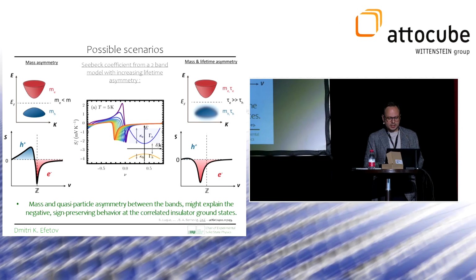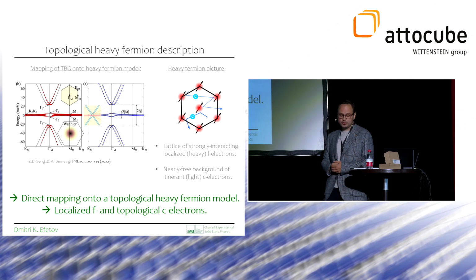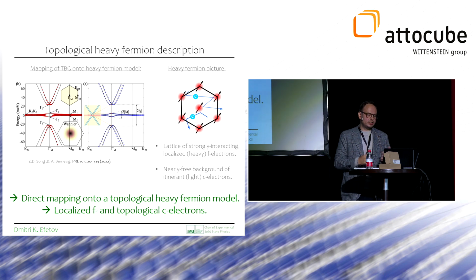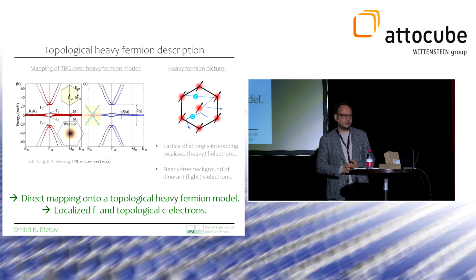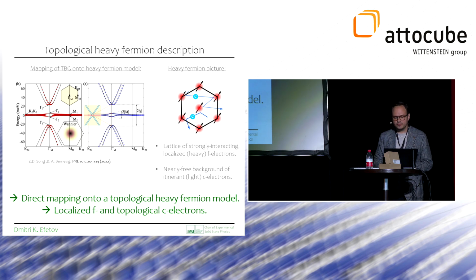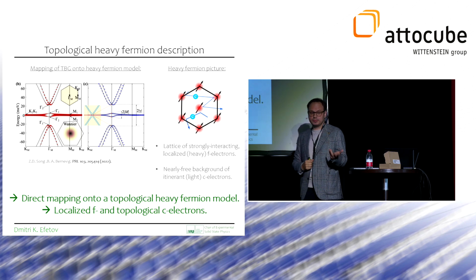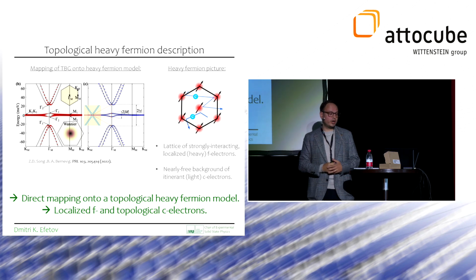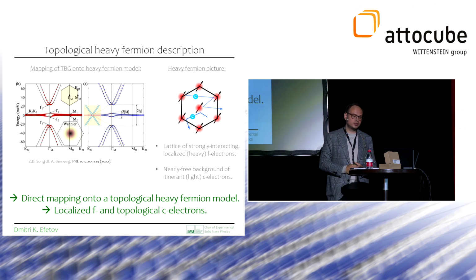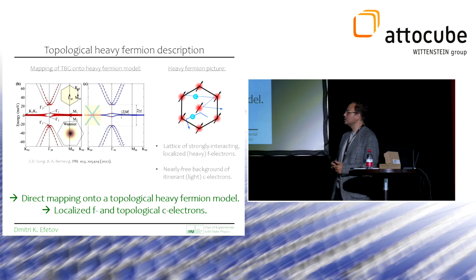Okay, so basically a natural explanation, and now I'm a little bit biased because, again, this is a theory developed by our colleagues, but a natural explanation develops from the topological heavy fermion description, which again was introduced by Andrei Bernevig, where they were able to map the Bistritzer-MacDonald model onto a heavy fermion model, and they were able to separate the electron degrees of freedom into two types of electrons.